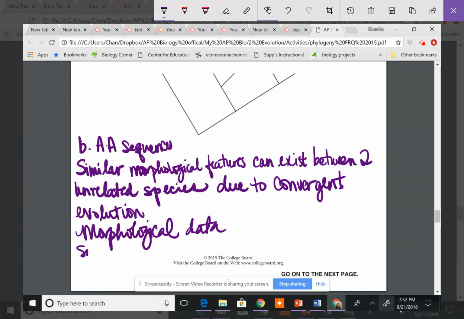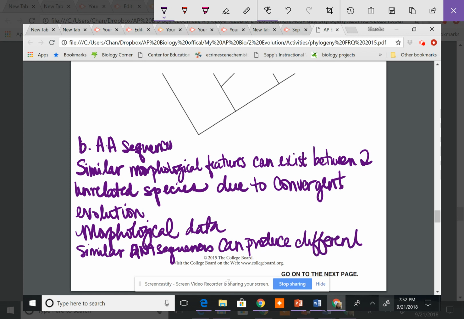So, similar DNA sequences can produce different structures in related organisms.